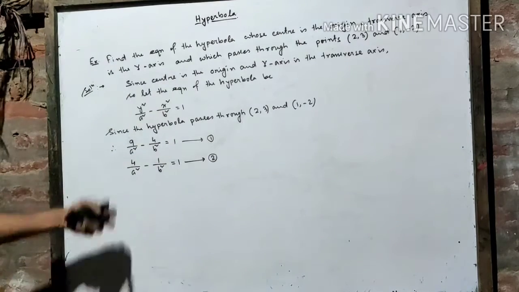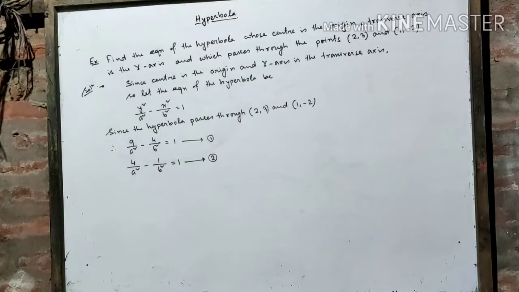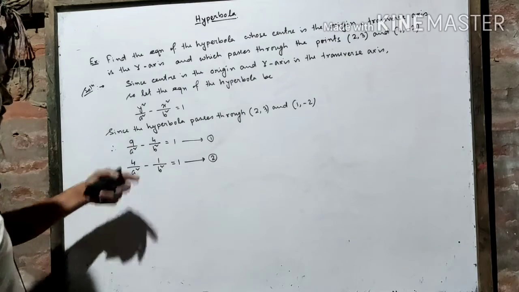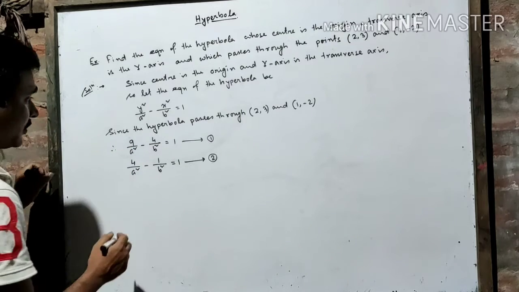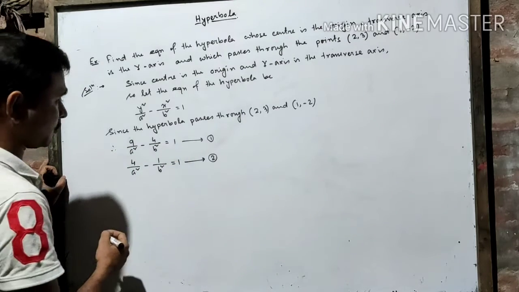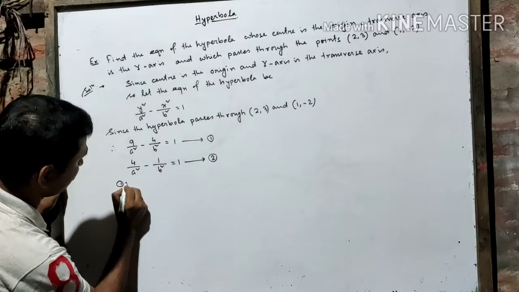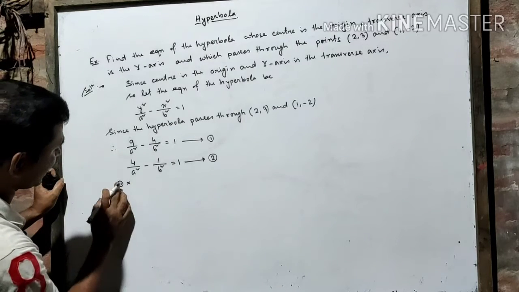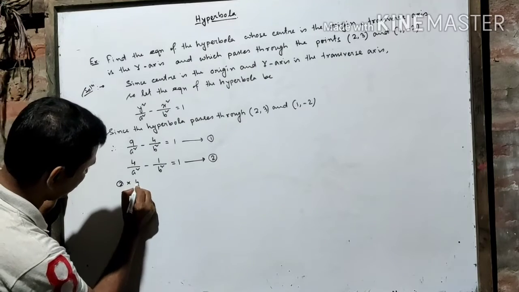Now solving these two equations, we will find the values of 1 by a square and 1 by b square. So to solve, let us multiply the second equation with 4.